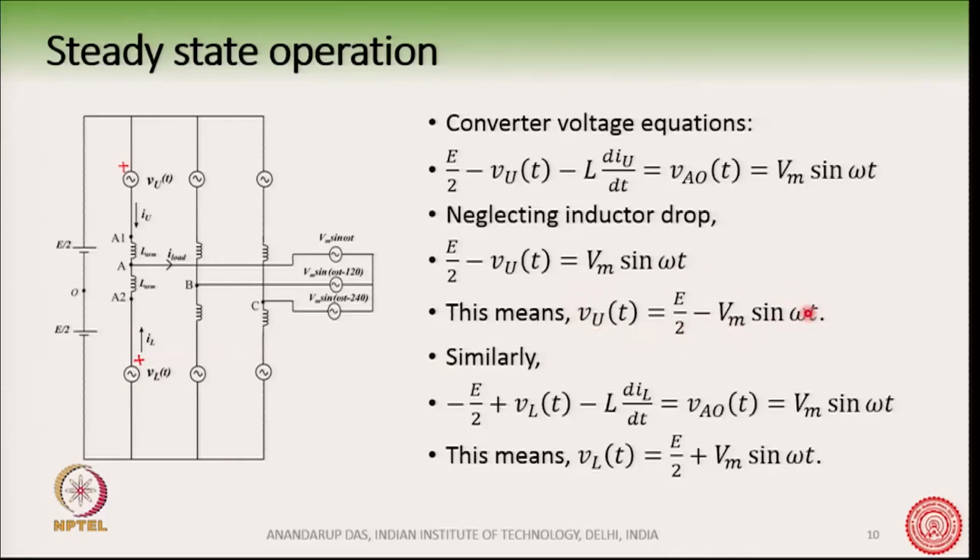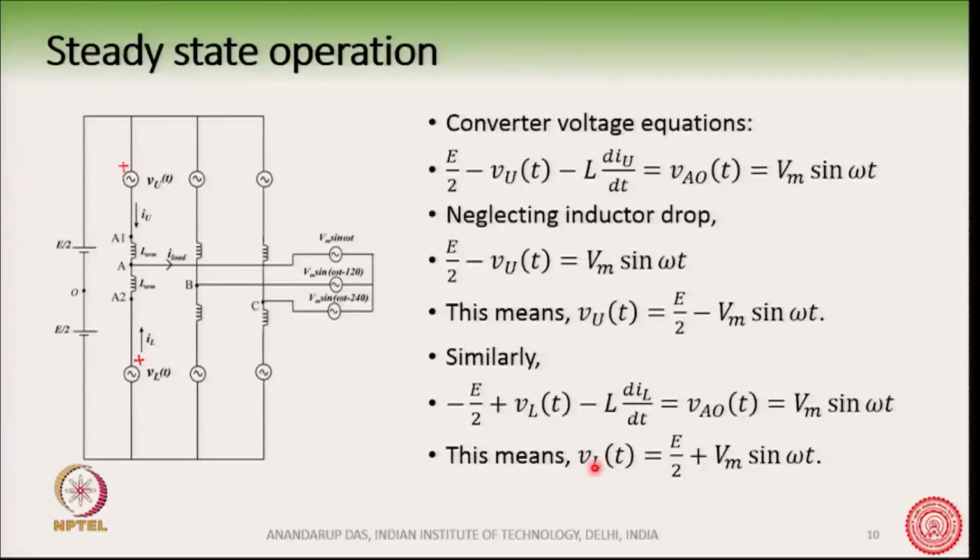Now, you should note that the upper and lower controllable voltage sources, that is V u and V L, both of them have a DC component and an AC component. You see here there is a DC component and there is an AC component. Here also there is a DC component and there is an AC component. Okay.